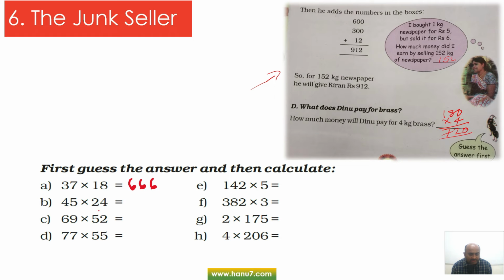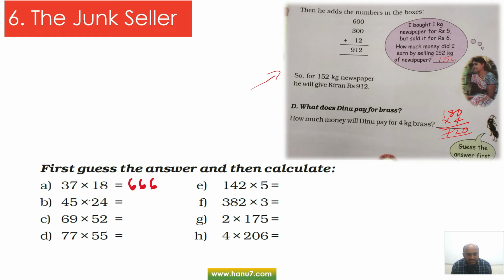It is correct only. Rest of the other things, it is 5 into 4 is 20, and then 45 into 20, it will be 450 into 2. It will be 450 into 2, 900 into 4?